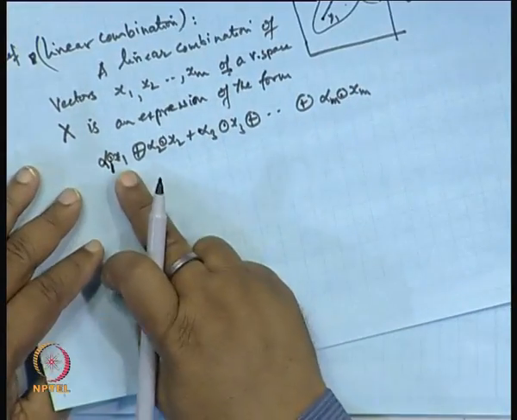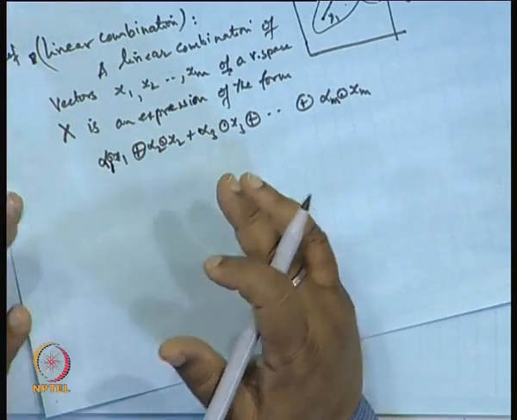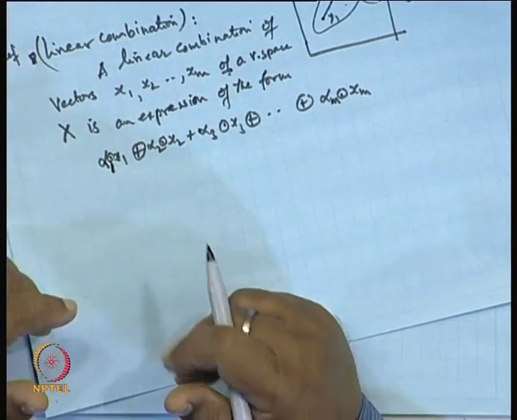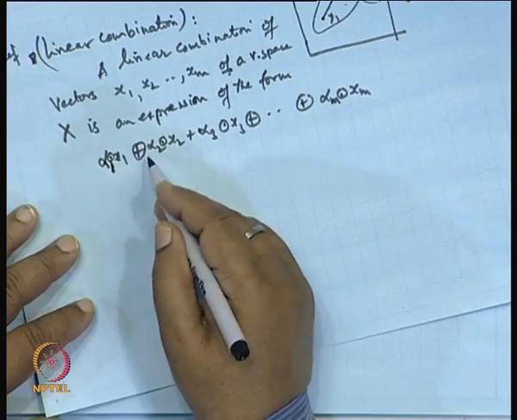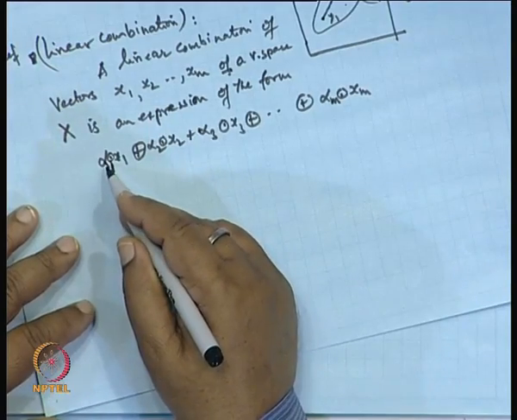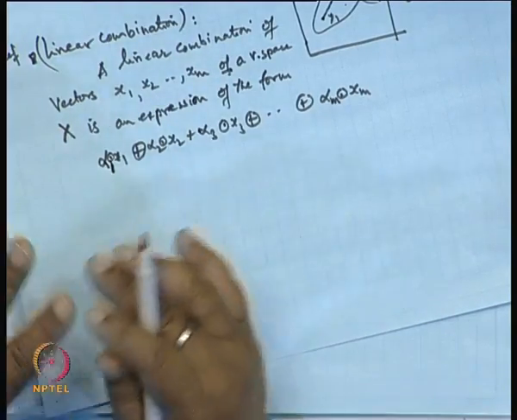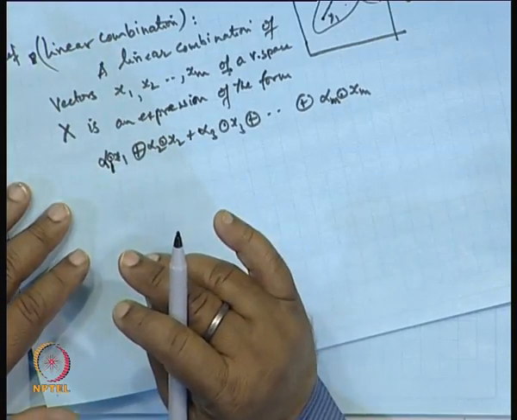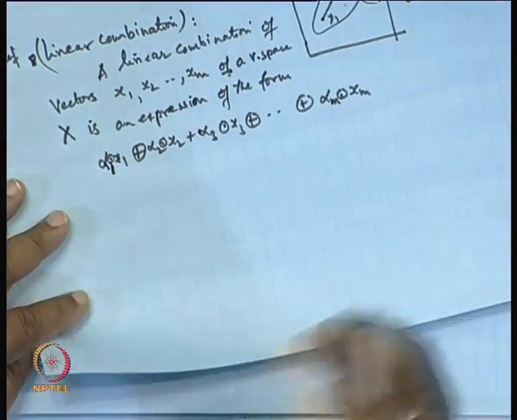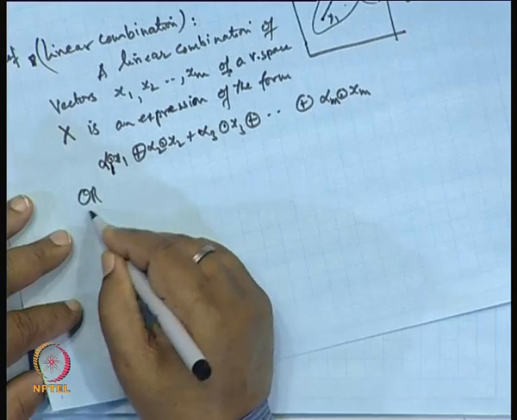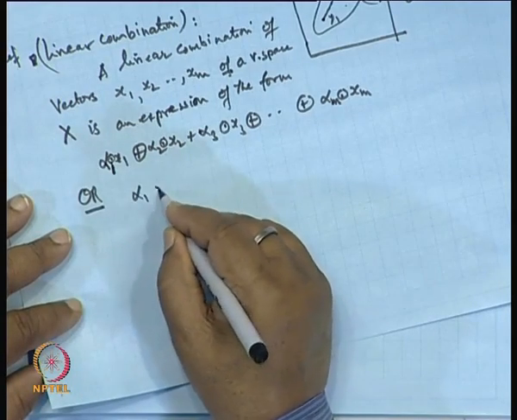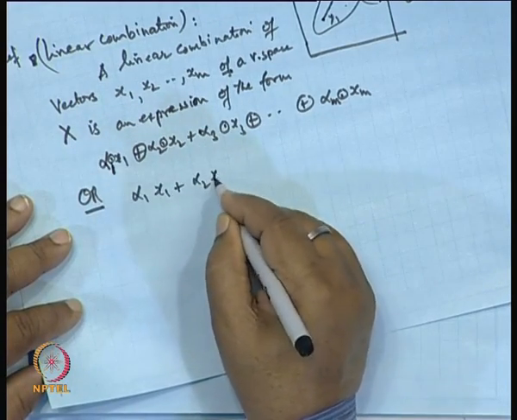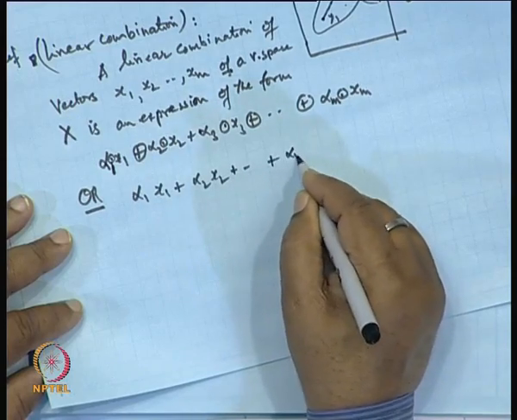Now, here if we look at that dot and square, it gives a very clumsy picture. So, what we do is we replace this encircled plus and dot with simply plus and dot. So, in a simple way we can write alpha 1 x 1 plus alpha 2 x 2 plus alpha n x n.